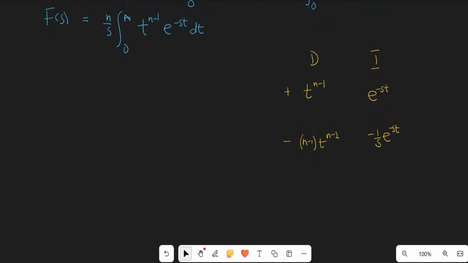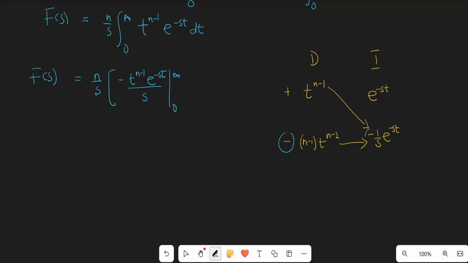Cool. So here when we do this, we have to multiply diagonal terms. We don't have to take the integral, but when we multiply terms horizontally, we take the integral. So the Laplace transform of our function t raised to the power n is n over s in front, and then applying integration by parts for the second time, that is going to be negative t raised to the power n minus 1 times e raised to the power negative st, divided by s, with the limits of integration from 0 to infinity.